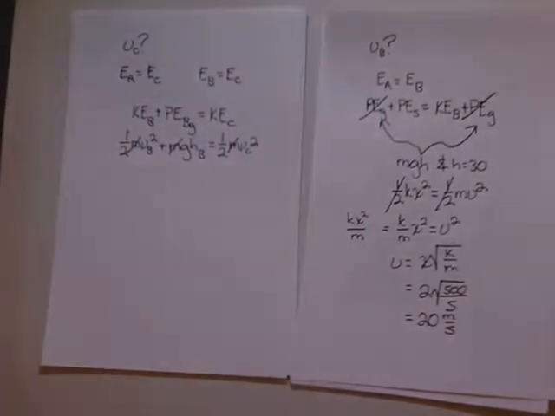And the m's cancel, so the mass is unnecessary. There are certain situations where the mass isn't given. If it's not given, either A, he made a mistake, or B, it was intentional.